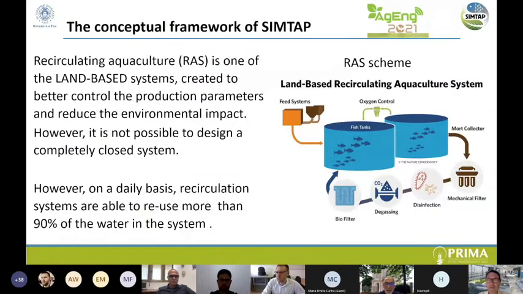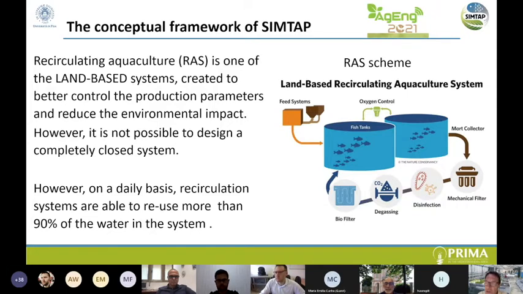First of all, I want to make a step backward, talking about the conceptual framework of the recirculating aquaculture systems. That is, as you know, one of the most interesting systems to cope with the production and the rearing of fish in land-based systems.